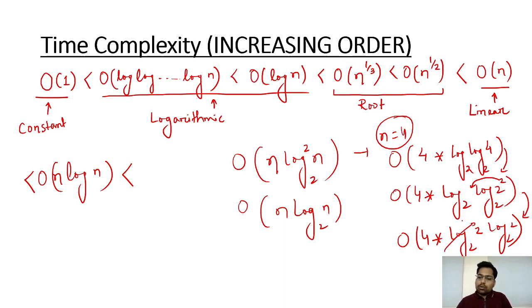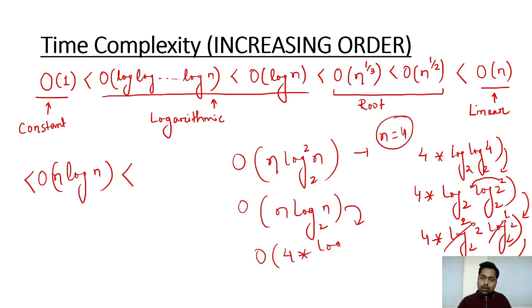Clear? Log 2 base 2 is 1. So what is the answer now? Remove big O for a while, don't worry about it, that is easier to understand. What is the value now? 4 is the value. Here, taking n as 4, log 4 base 2 is 2.